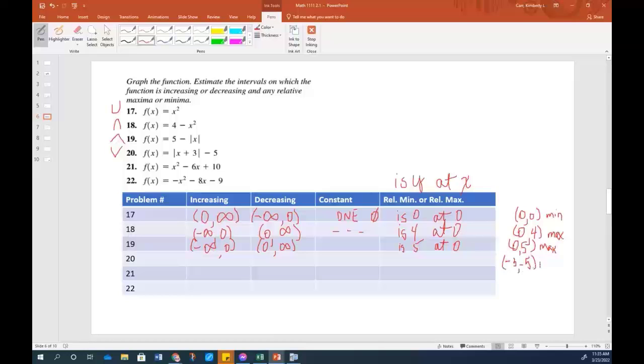Because it is a low point, it is a minimum. And so that minimum is -5, and it occurs at -3. Now, since I know the shape of the graph, then I know that I started off decreasing. So I decreased from negative infinity to -3.